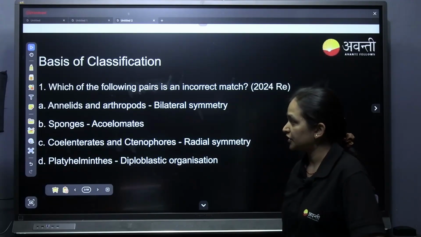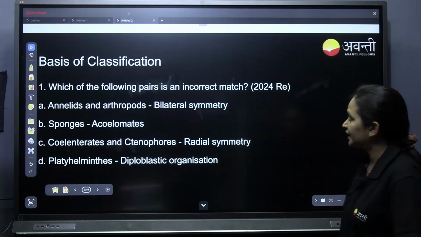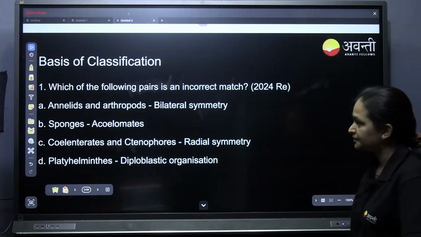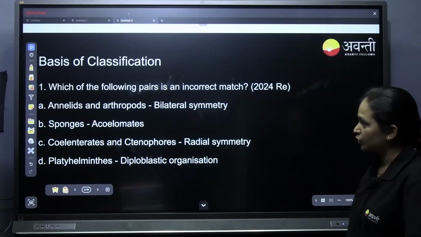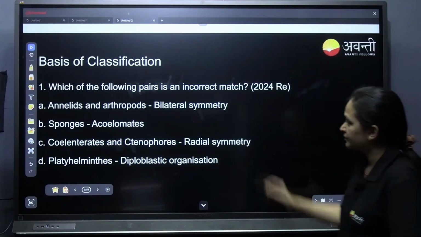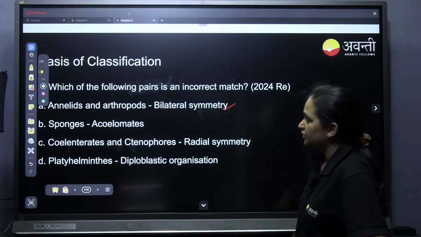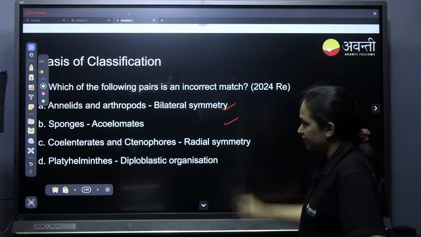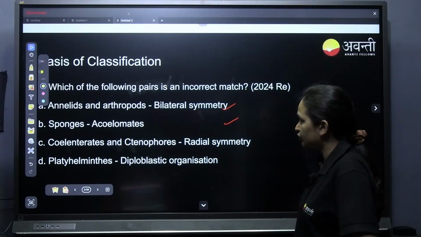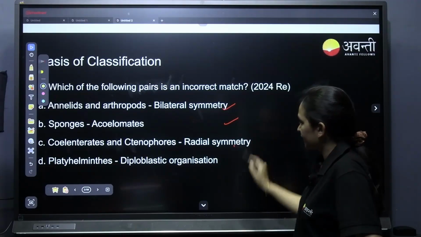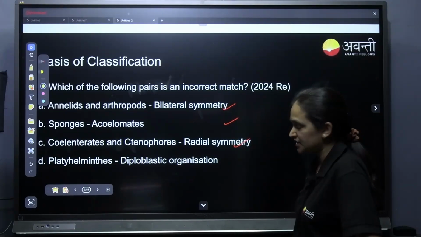Now base of classification, which of the following pairs is the incorrect match? Would you please tell me? Annelids and arthropods have bilateral symmetry. This is correct. Sponges are acoelomate. Correct. Coelenterates and ctenophores have radial symmetry. Correct. Platyhelminths are diploblastic.